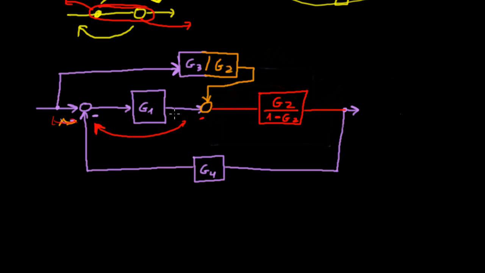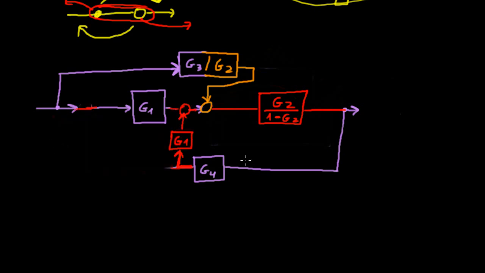So let me do it. If we move this summing point here and get rid of all this, in order to get the same output here, we must multiply here by G1. So let me do it in a clean way.